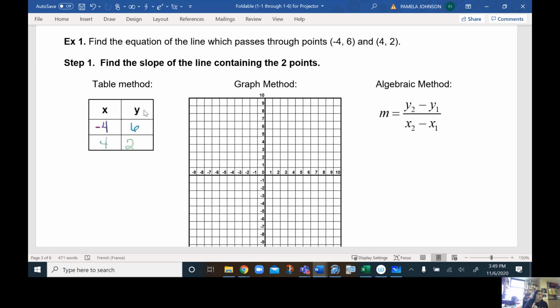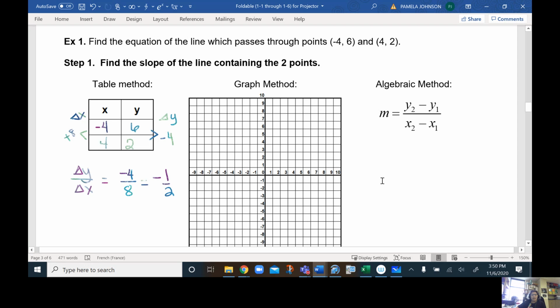Now, table method, you're going to find the change in y. So from 6 to 2, we went down 4, and then we're going to find the change in x. From negative 4 to positive 4, we went up 8. And then slope is the change in y over the change in x. So negative 4 over 8 gives us a slope of negative 1/2. Okay.